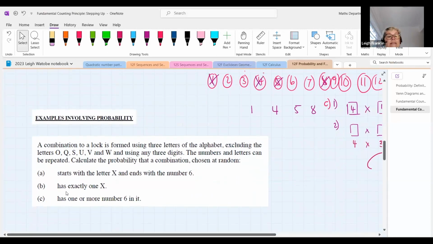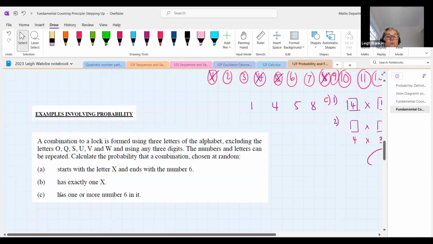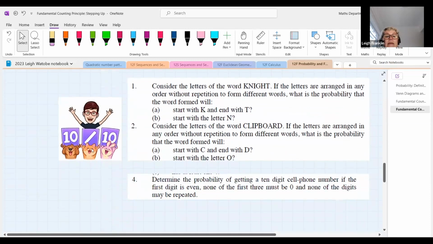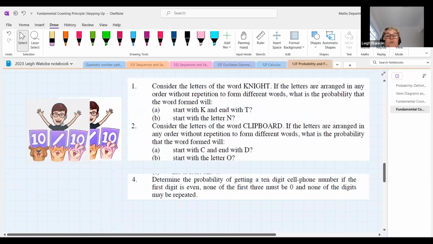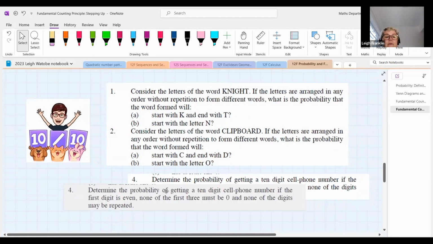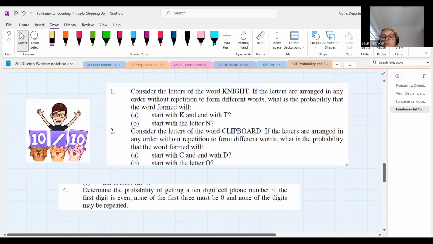All right, let's see if we can do an example involving probability before our lesson ends. What I'm going to do is I'm actually going to do question number 1 because it's a nicer example than that other one over there.